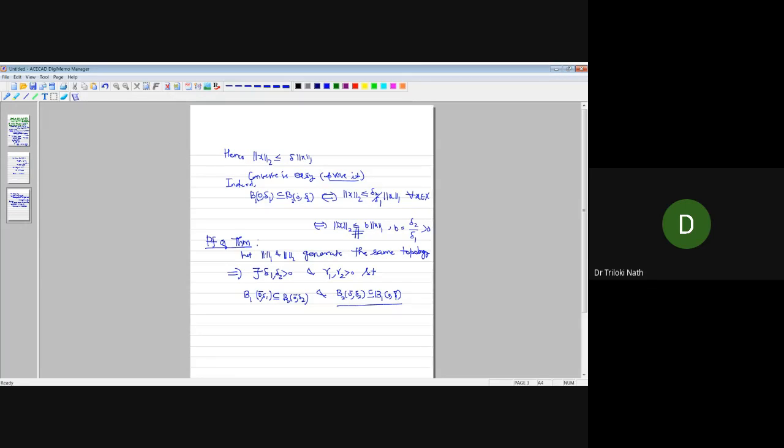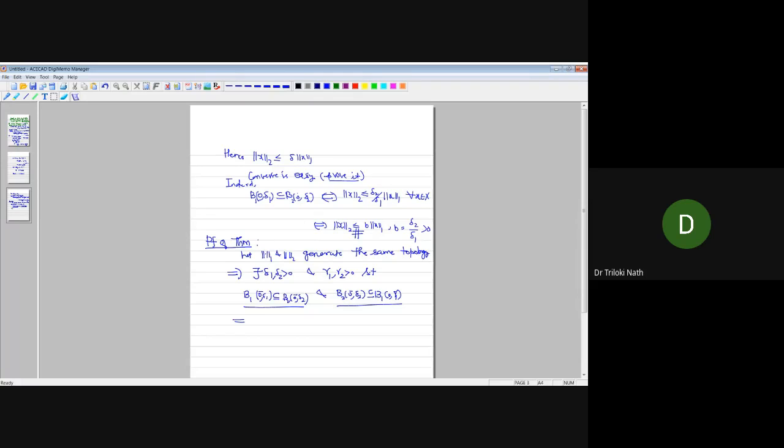If O is an open set, then corresponding to each point in O, you have some open ball contained entirely in the set. So likewise, because B1 is open in norm 2, you must have an open ball which is entirely contained in B1. Similarly, here also, the open ball in norm 2 contains an open ball in norm 1. So this must be true if they generate the same topology. That is the meaning. Okay, fine.